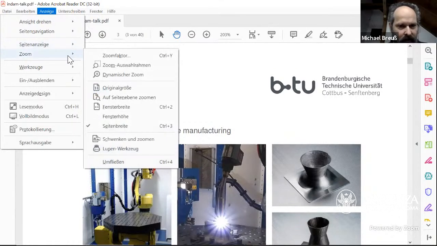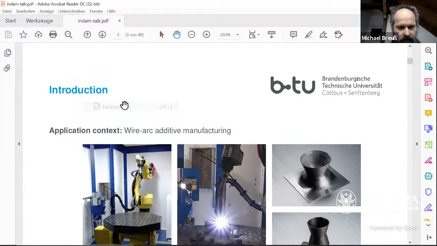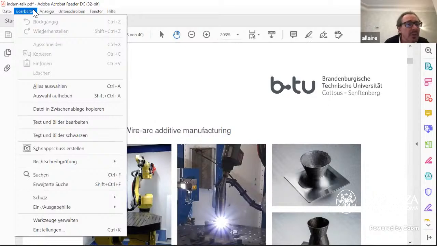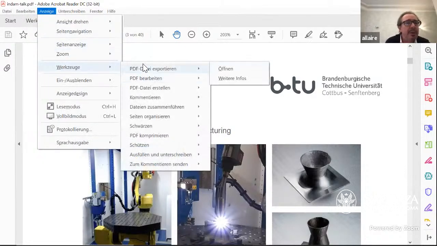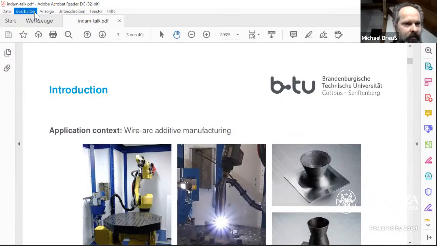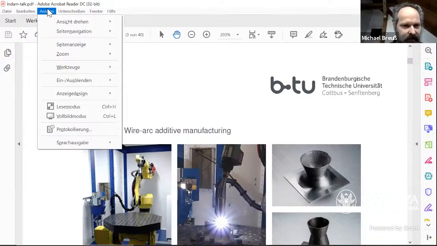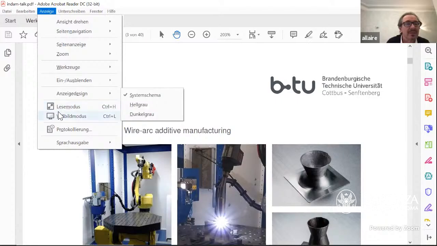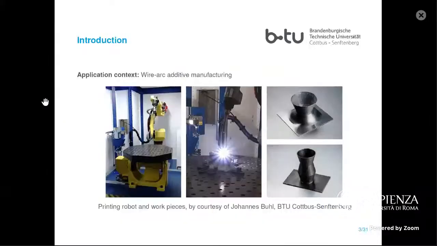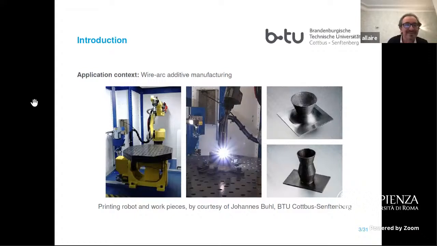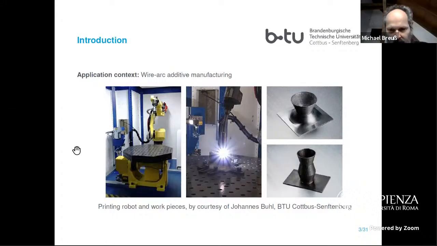I'm not so familiar with this. Where is full screen? Full build modus, yes, I'm searching for it. Try Control F. Yes, excellent. Thank you. Sorry. I have a little bit irritating line here.